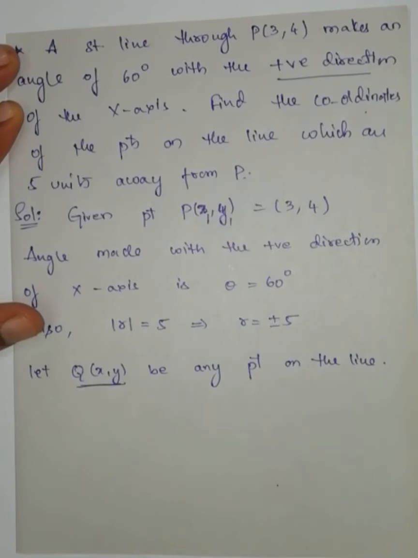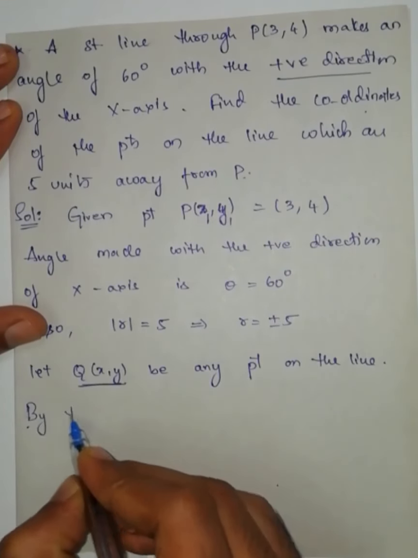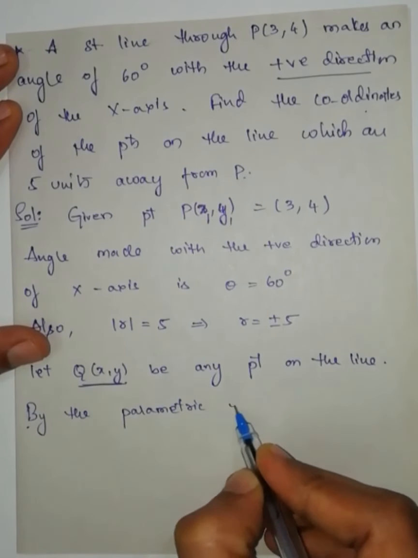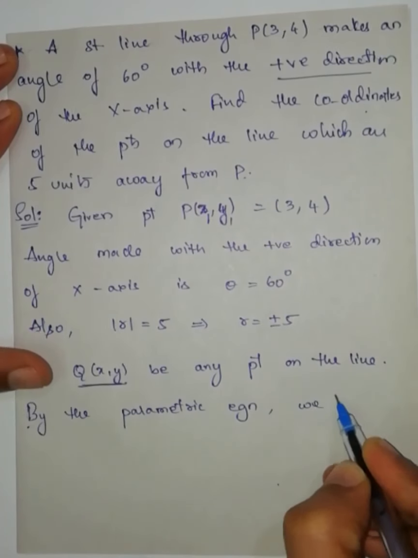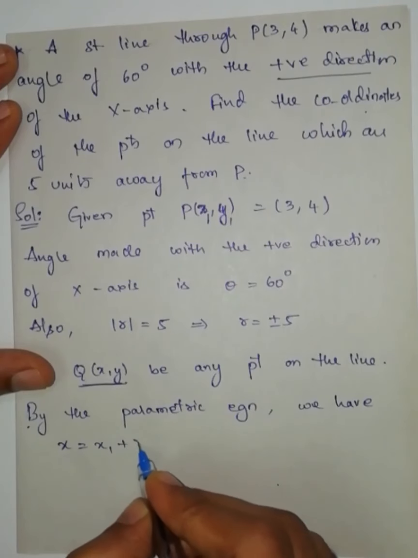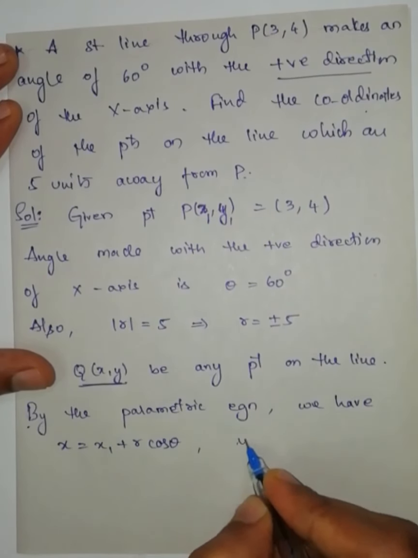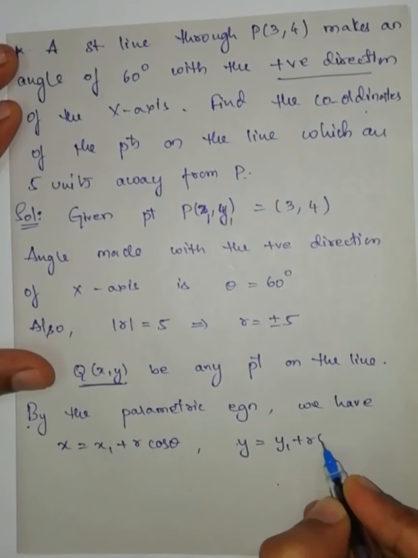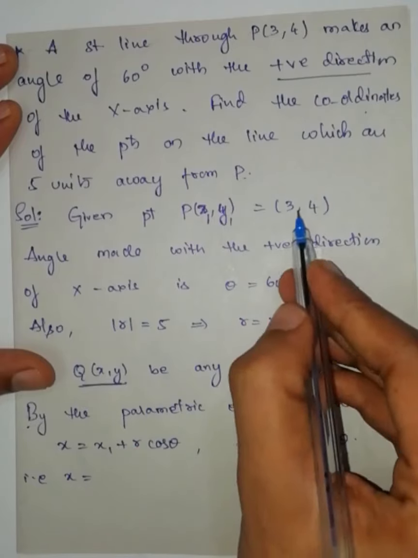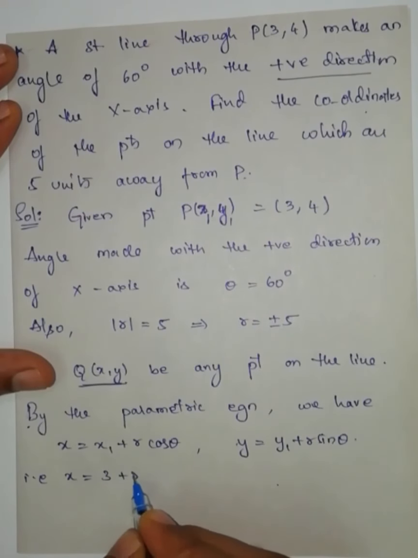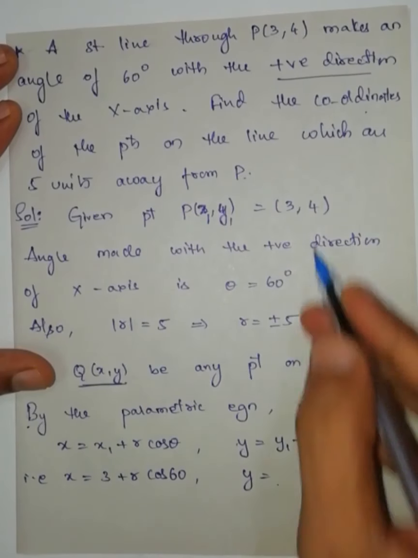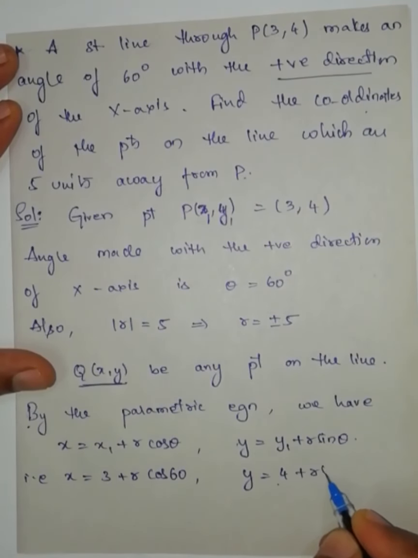By the parametric equation, we have, what is the parametric equation? x is equal to x1 plus r cos theta, y is equal to y1 plus r sin theta. That is, x is equal to, x1 is 3, plus r cos 60, y is equal to, y1 is 4, plus r sin 60.